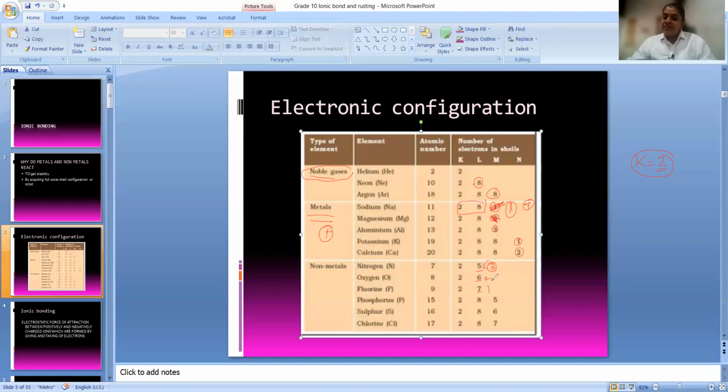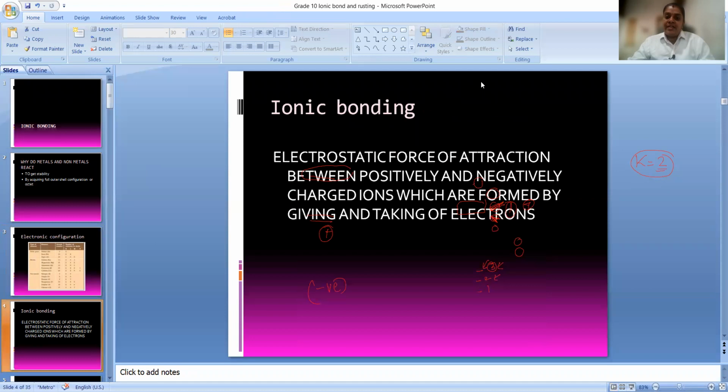So a non-metal will always receive electrons, like nitrogen will receive 3 and oxygen will receive 2. Whenever an atom receives electrons, it gets a negative charge. So a non-metal will always be negative, electronegative. Okay. Now let us see the definition of ionic bonding.